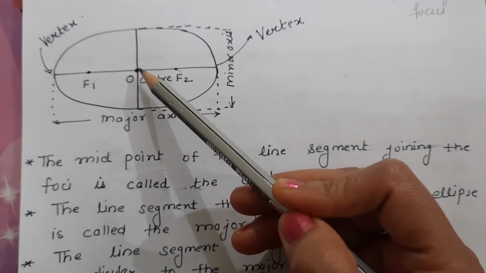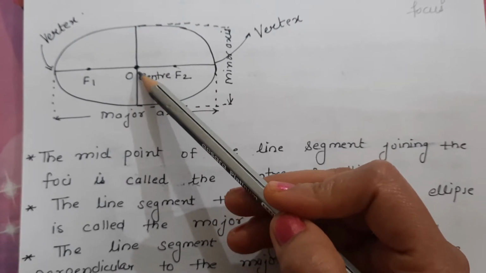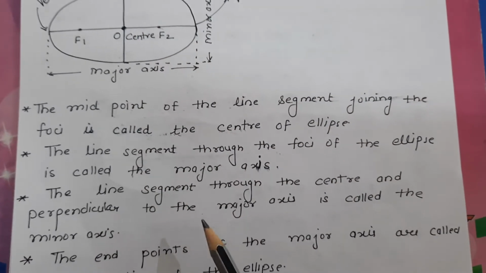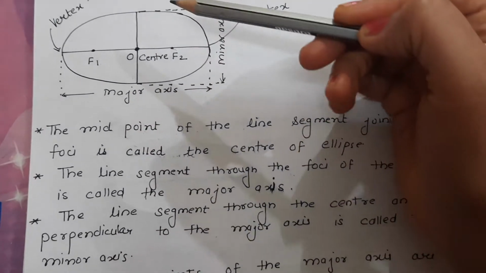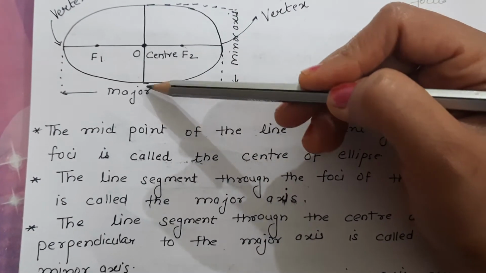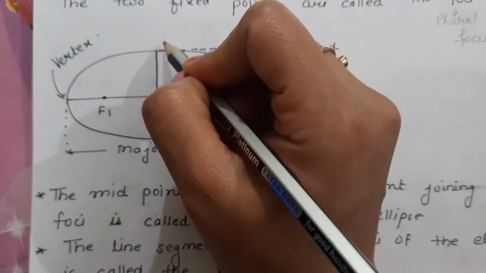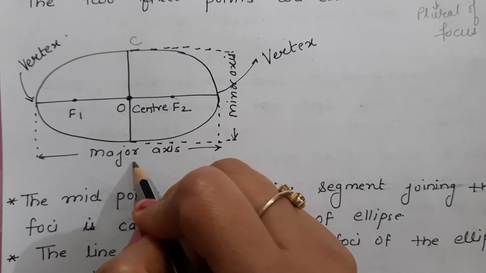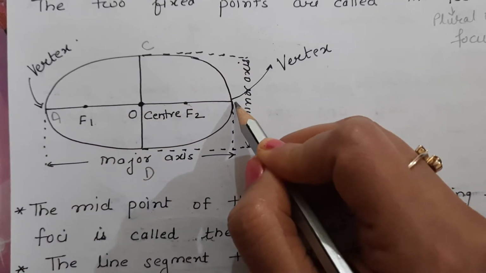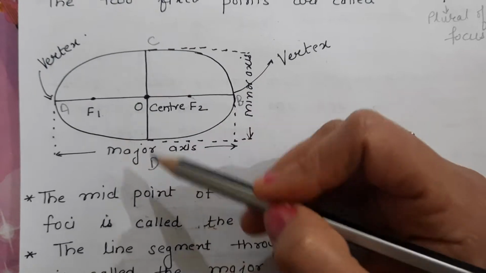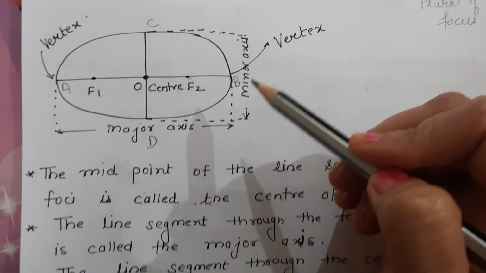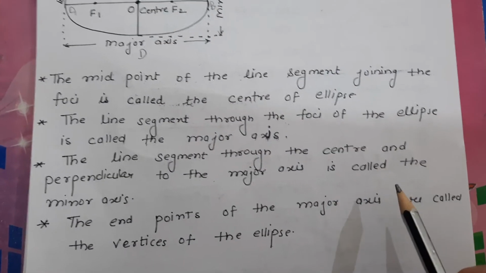Next, the line through this center, we have taken the center as O, and which is perpendicular to the major axis is called the minor axis. If I write this line segment as CD, that means in this diagram AB is the major axis and this CD, the line segment through the center and perpendicular to the major axis, is called the minor axis of the ellipse.